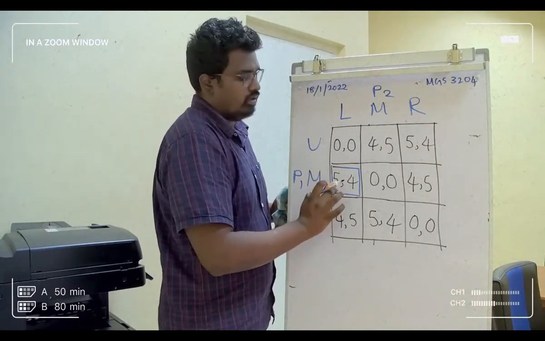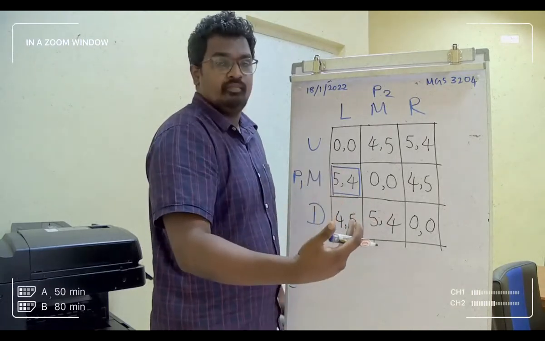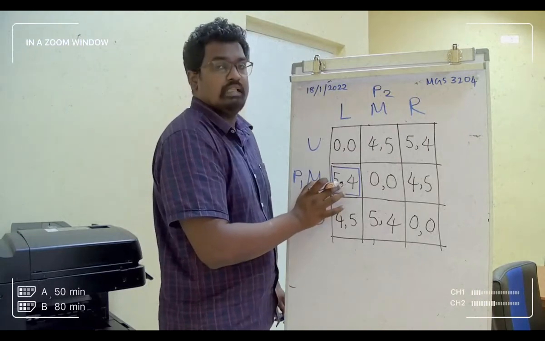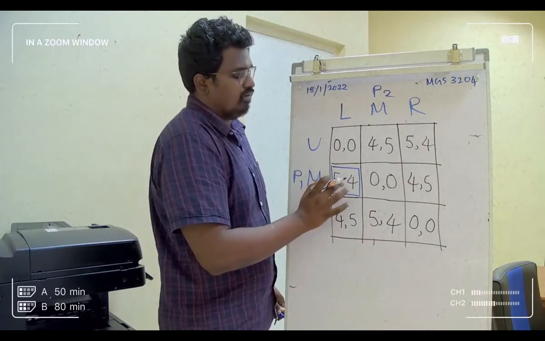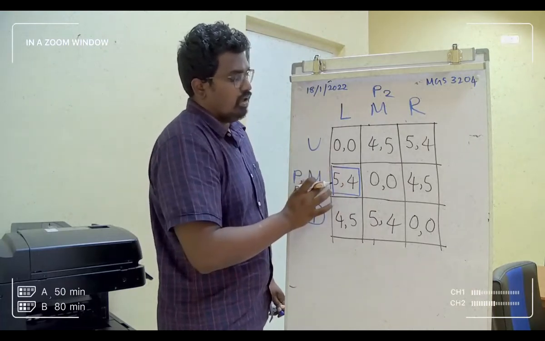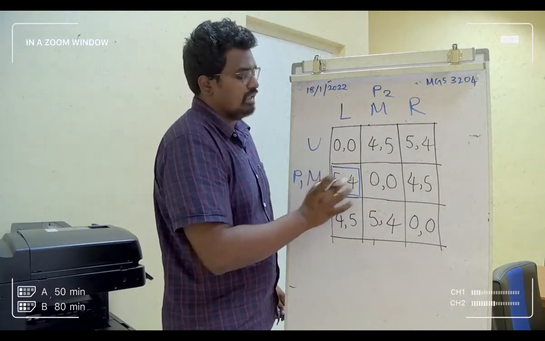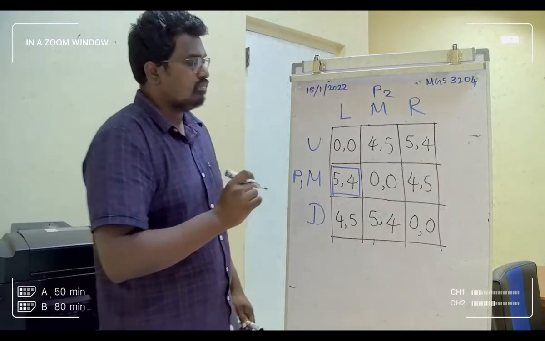payouts, right? And now player 2 gets the chance for the next movement, with player 1 at middle as the choice. So what would be player 2's option? Once player 1 plays middle, what's the best for player 2? Can someone mention?